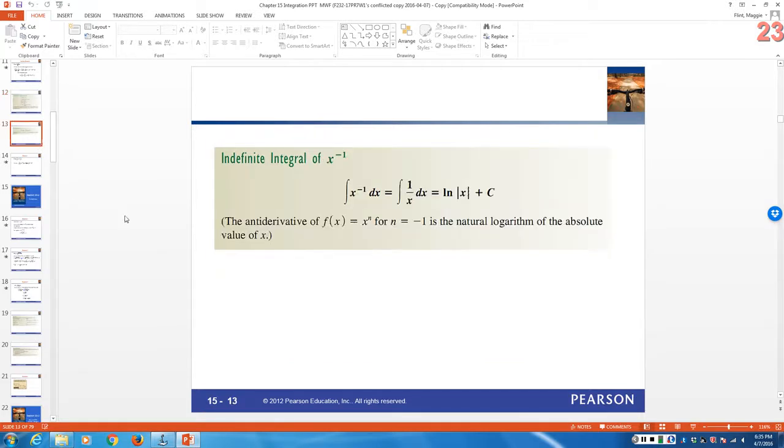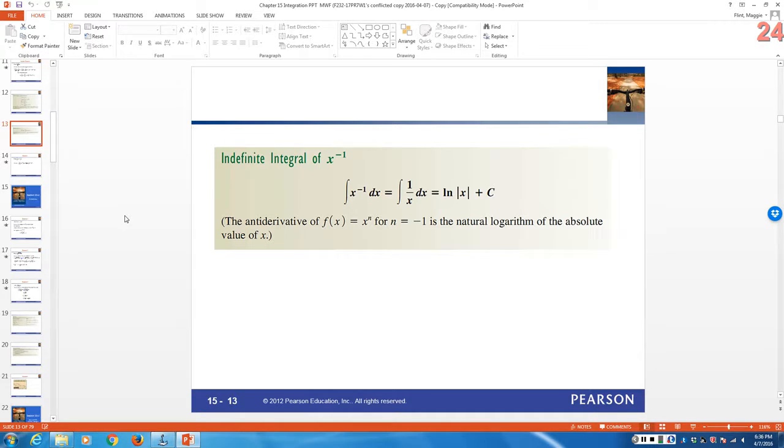And then the last of them, remember at the very first rule I said you've got a power rule and it works for all the powers except -1. You can't have -1. Remember that x to the -1 is 1 over x. And if you remember when you had the natural logarithm of x, its derivative was 1 over x.